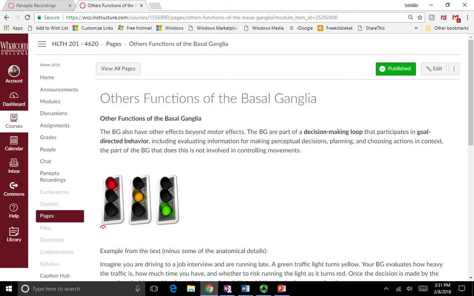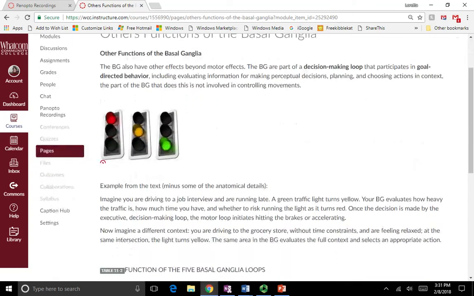So I'm going to go through the example that they give in the book, and I'm just taking out some of the anatomical details to bring it down to a day-to-day function. So the example they give, you're driving to a job interview and you're running a little late. Of course, in the back of my brain it says, wow, you should have left earlier, but that's just my brain. So you're coming up to an intersection and the green light turns yellow.